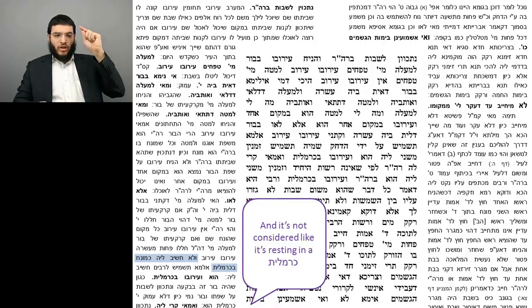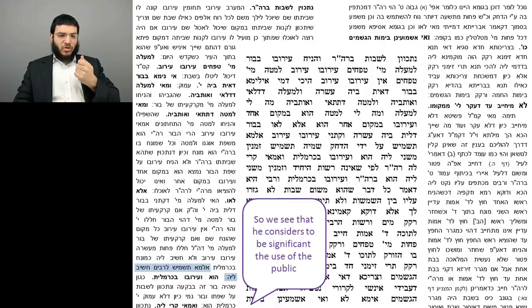So we see he doesn't consider it like it's resting in a karmelis. So we see that he considers it to be significant. So we see tashmish larabim, that he considers to be significant the use of the public.